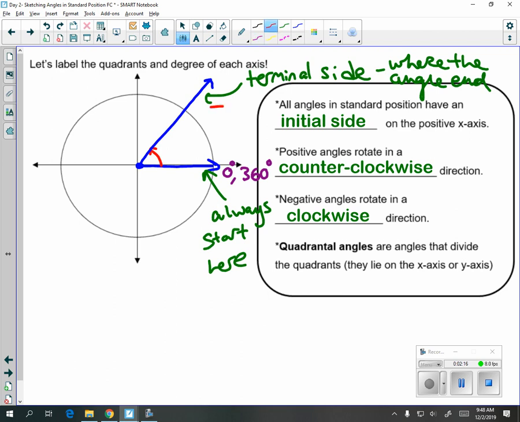So we have our first quadrant, second quadrant, third quadrant, and fourth quadrant. We're going to take 360 degrees, break it up into the 4 pieces. That means your first piece is 90 degrees. So this angle would be 90 degrees.